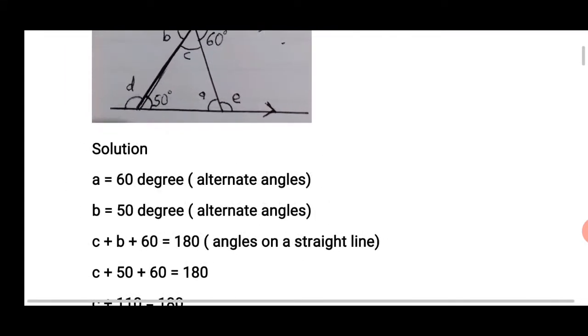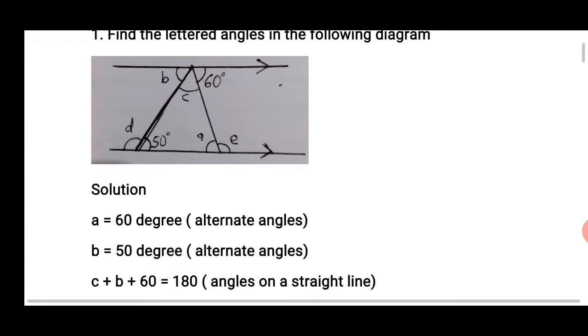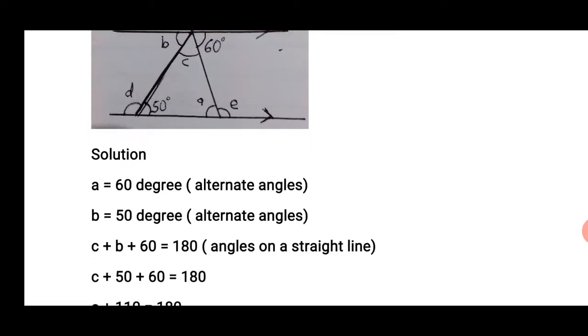Now go to the triangle. You see that a triangle is formed, and the angles within the triangle are A, C, and B. If you remember, we said that the sum of angles in a triangle is 180 degrees. So A, 50, and C are angles within the triangle, so they will add up to 180 degrees.